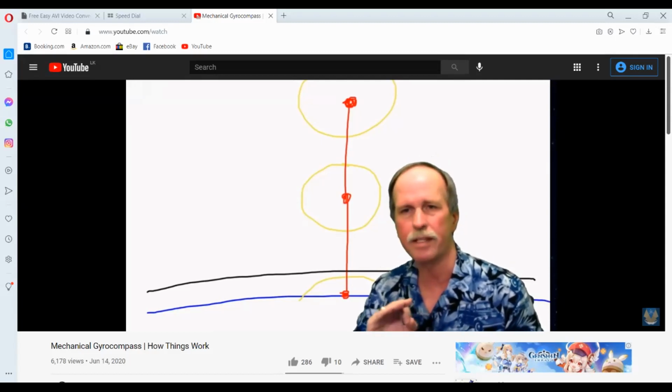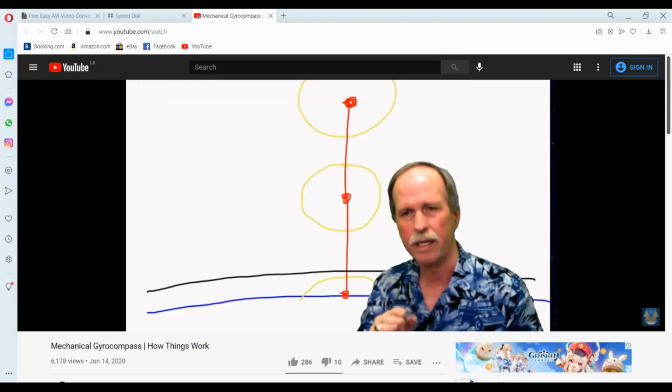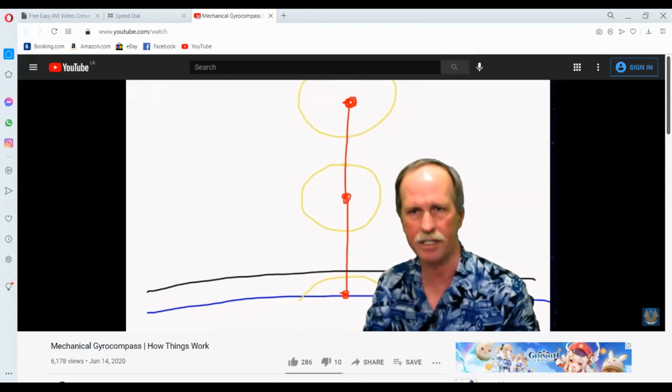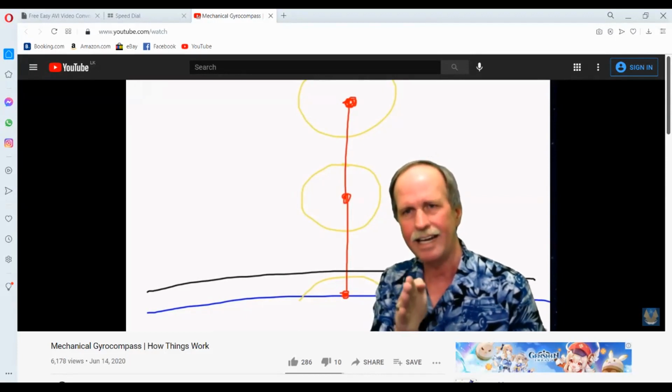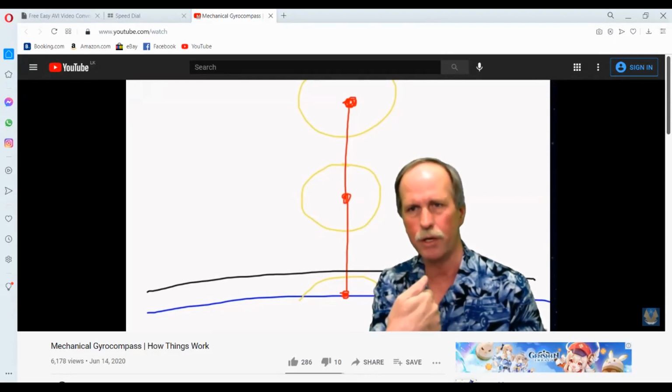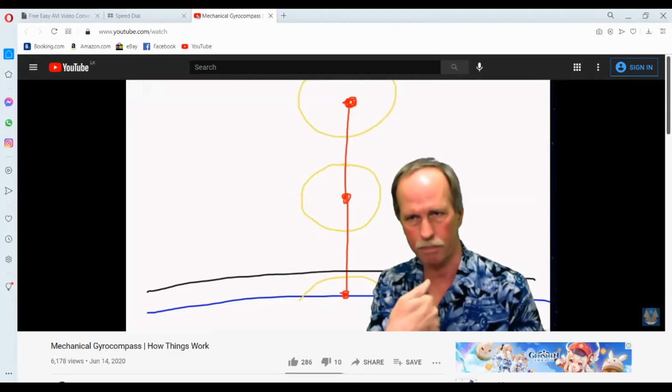The only time that will not occur is if by some miracle you manage to get the gyro compass aligned perfectly with the South Pole on the southern part of the north-south rotational axis. Any other position will cause that gyro compass to rotate until it points to the geographic North Pole.